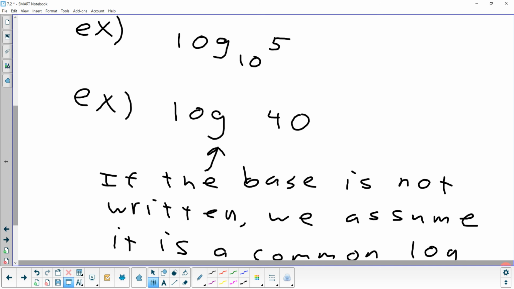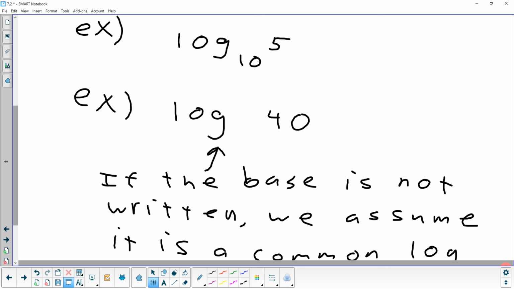So if you see a problem that says log 40, they are assuming the base is 10. If the base is ever left blank and you have the word log, you assume it's a 10.